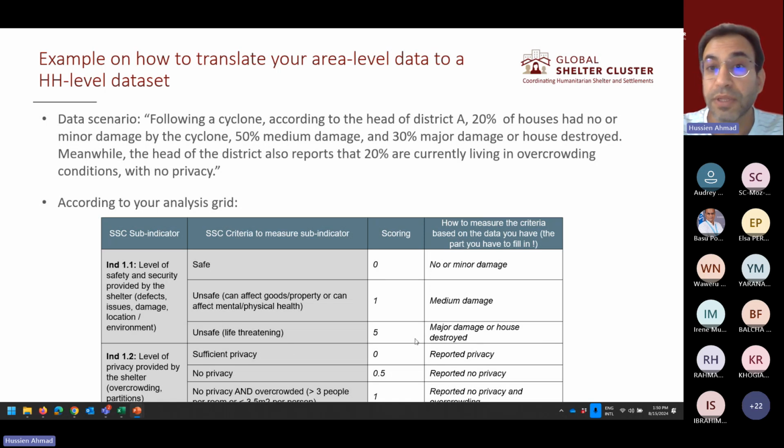Then if it is life-threatening, it should be, according to this, major damage or house destroyed. So we are populating the analysis grid with this information that we have here. You can imagine that this is your assessment, and these are the responses that you are getting, and you need to map them towards the criteria that we have here in the analysis grid.